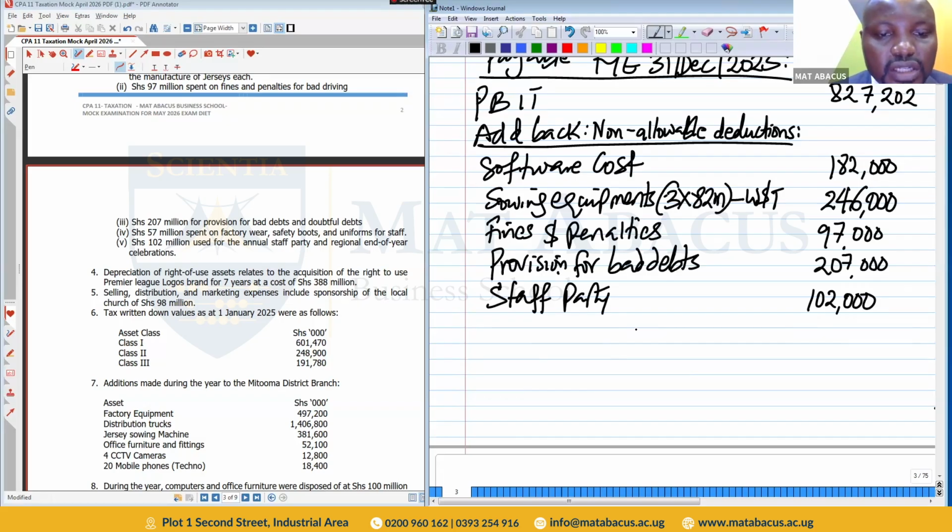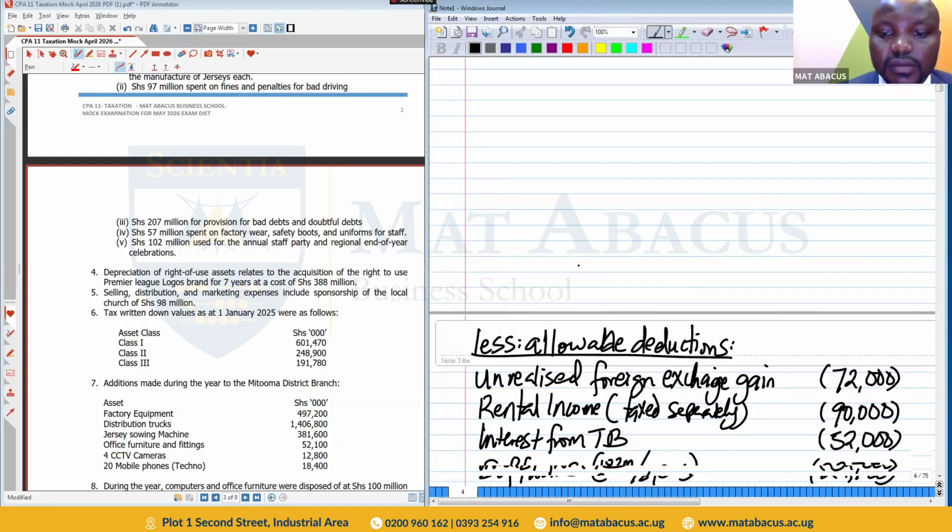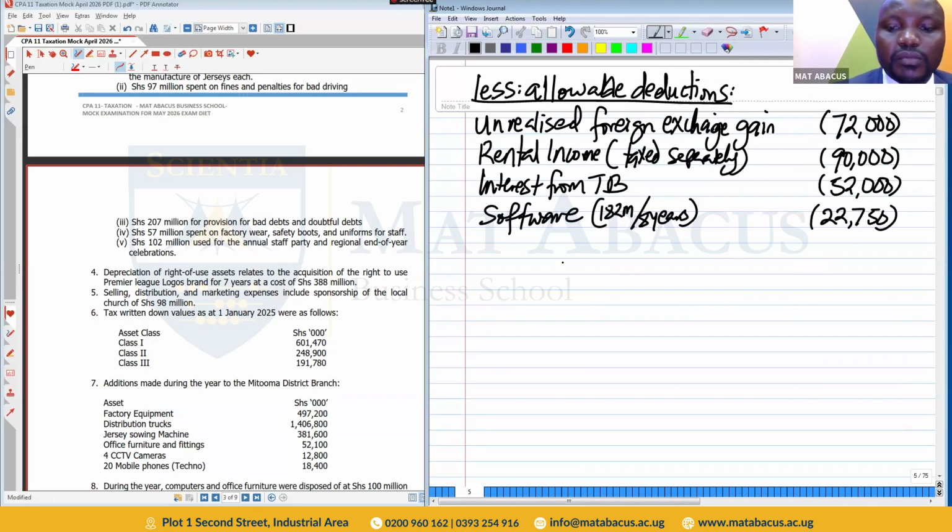Depreciation for right of use relates to acquisition of right of use for Premier League logo plan for 7 years at a cost of 388. So first of all, we shall disallow the whole depreciation amount, and then we bring the amortized cost as an allowable deduction.